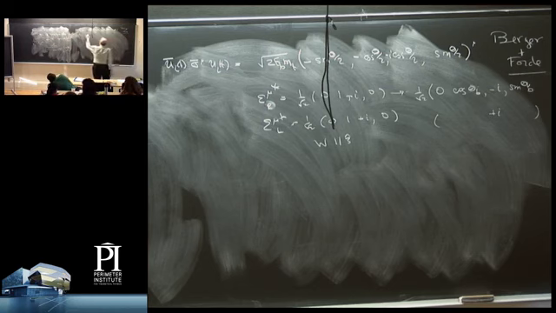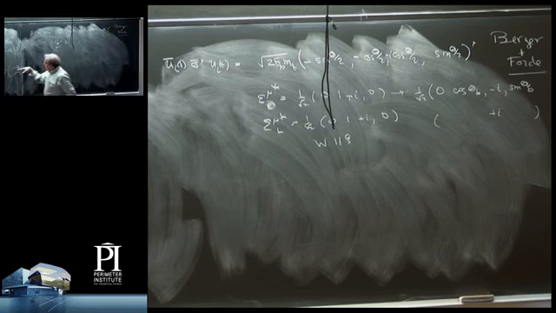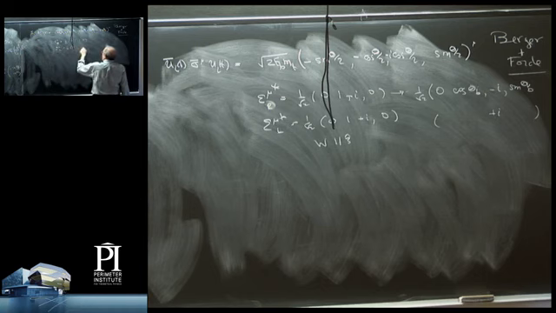Let me just do the case of a right-handed or a left-handed W. If the W were going along the 3-axis, then these polarization vectors would be this and this for the W parallel to the 3-axis.